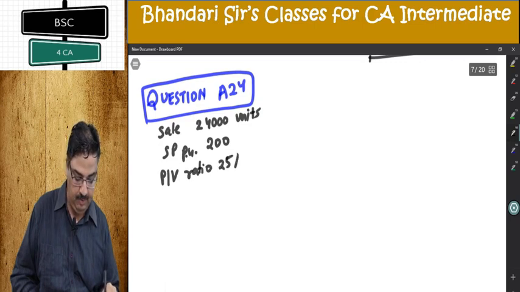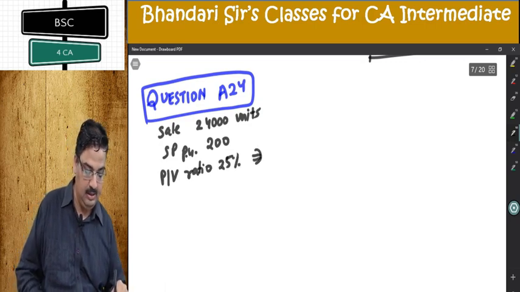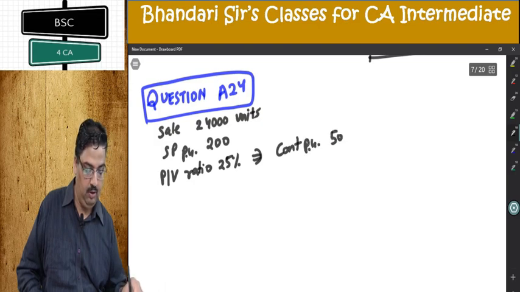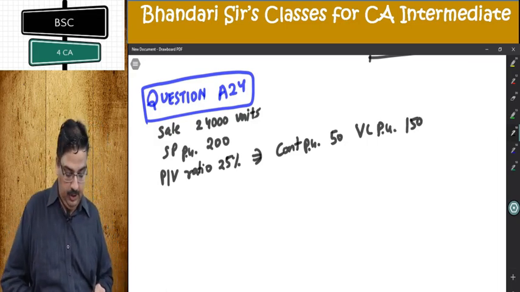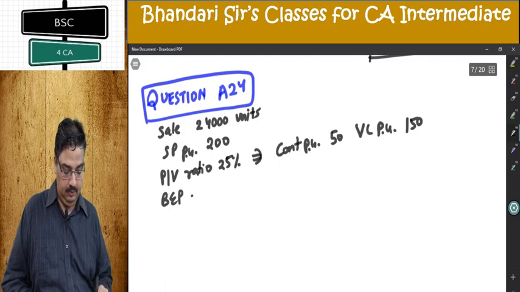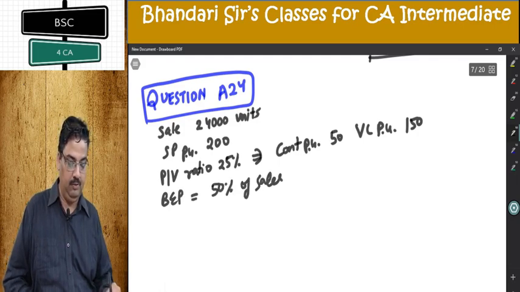PV ratio 25% implies contribution per unit 50, variable cost per unit becomes 150. Break-even point 50% of sales implies 12,000 units.